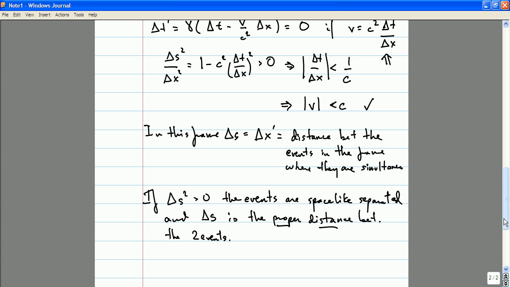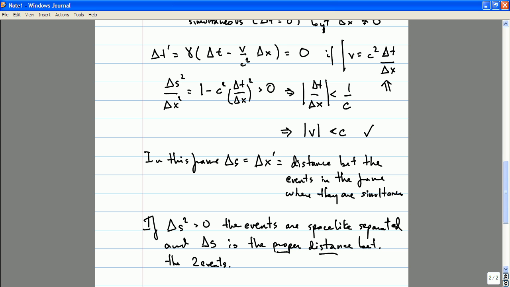No. So the V that I'm using here is this V. Usually you're used to seeing expressions like delta X over delta T being equal to V. As you can see, if you just try and solve this equation and set it equal to 0, V will have to be delta T over delta X, but it'll have to have a factor of C squared in order to make the dimensions work out.